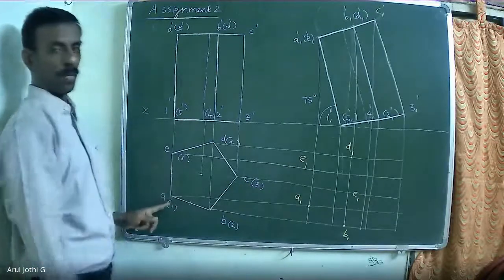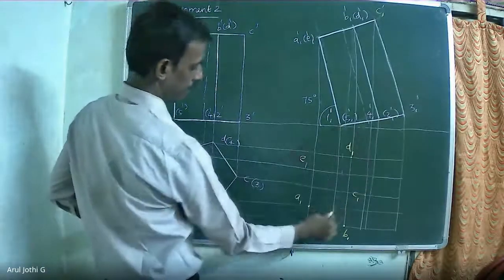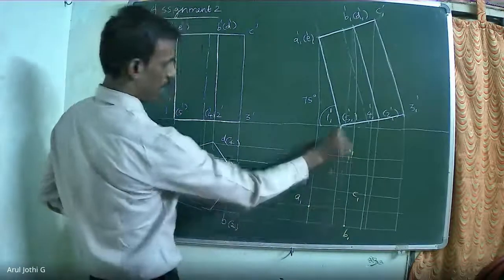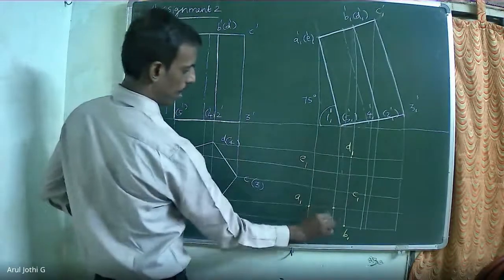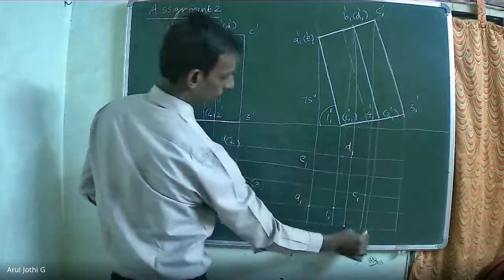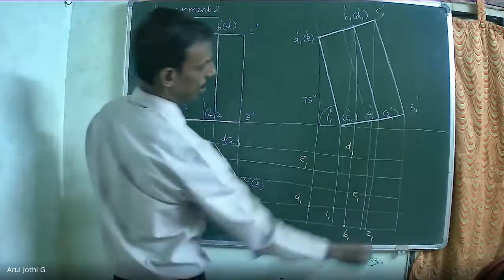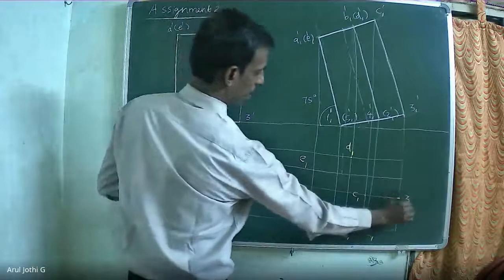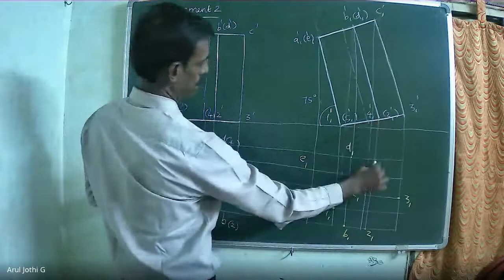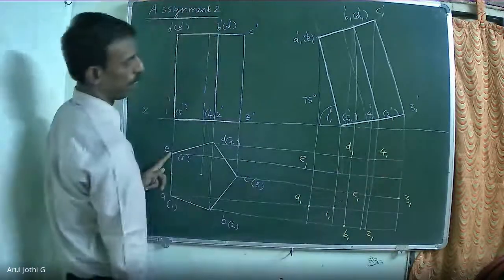Same way, mark the corner points for 1, 2, 3, 4. So 1 is available here, 1, 1 dash. Then 2 is here. Then 3, 4, then 5.